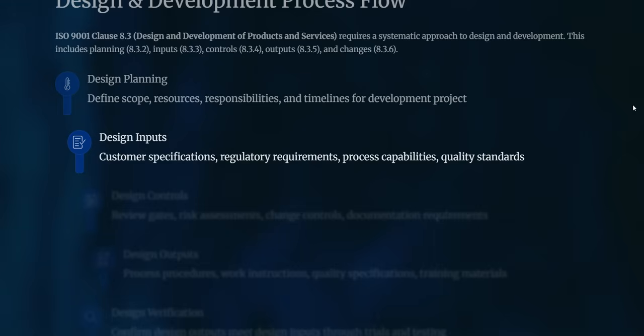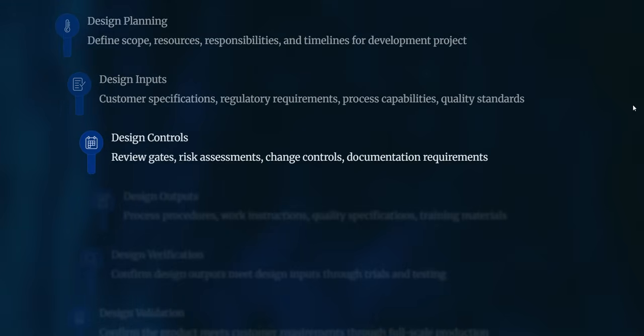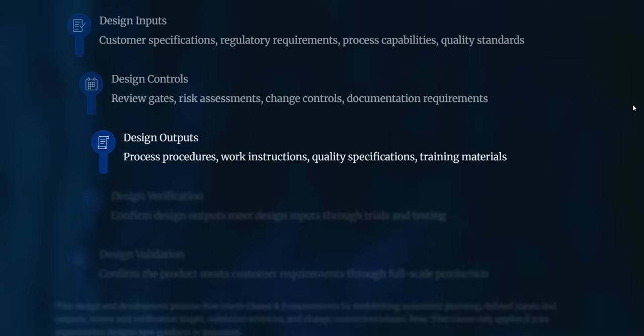Once you have designed all this input, then you will move to design control, and you must cover the following: review gates, risk assessment, change control, and document requirements. After that, once you are done with design control, you will move to design output, which must include process procedures, work instructions, quality specifications, and training materials.